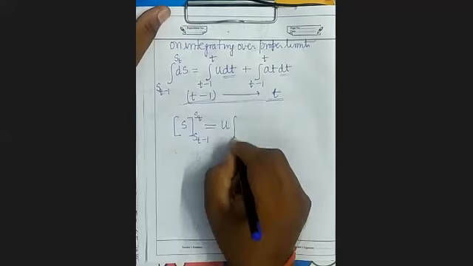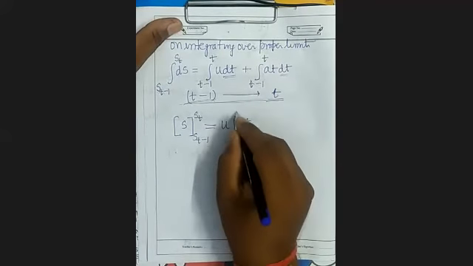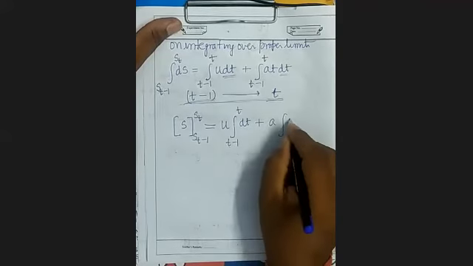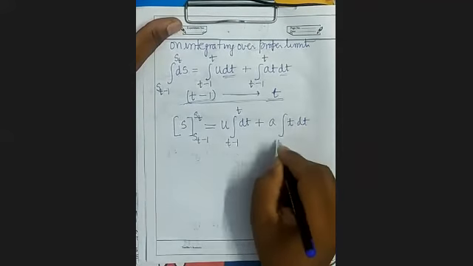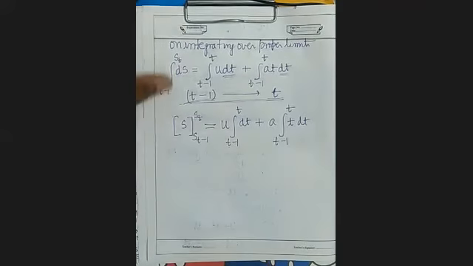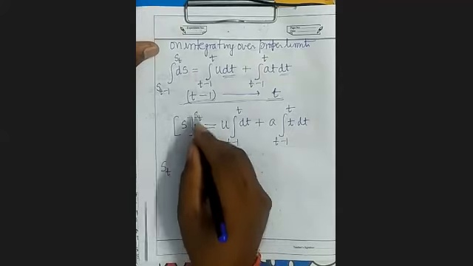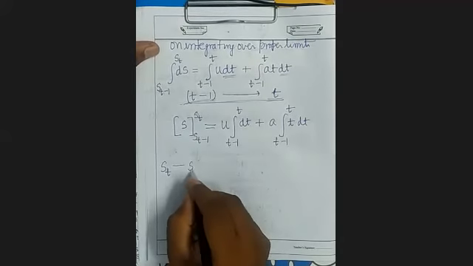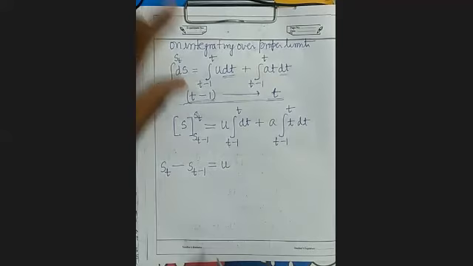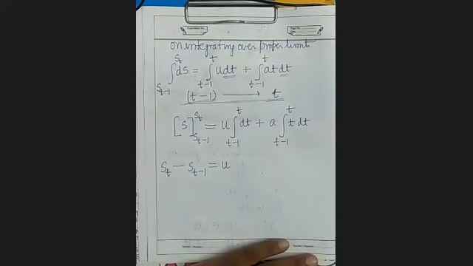You can take out integral dt from t-1 to t, and also integral t dt. Now substitute the limit: its value at the upper limit minus value at the lower limit equals u times integral dt. What is integral dt?